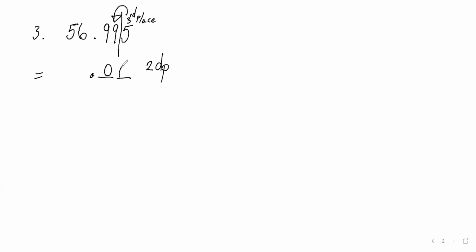If I add 1 to 99, it's 100. I have to put the 2 zeros because they ask for two decimal places. And this becomes 57. So I am going to put my zeros too, to represent that it's two decimal places.